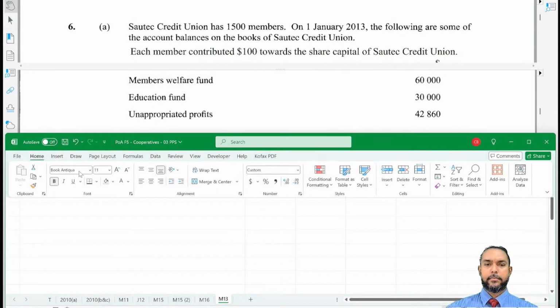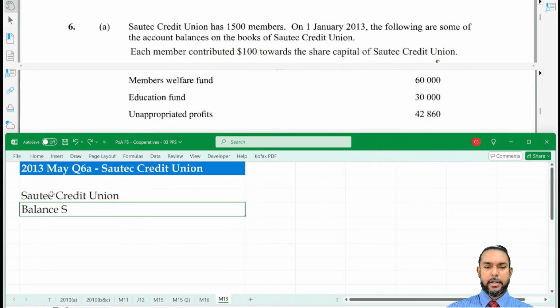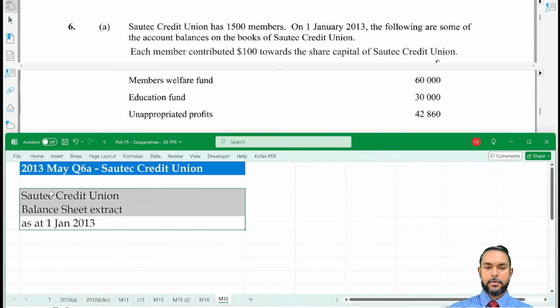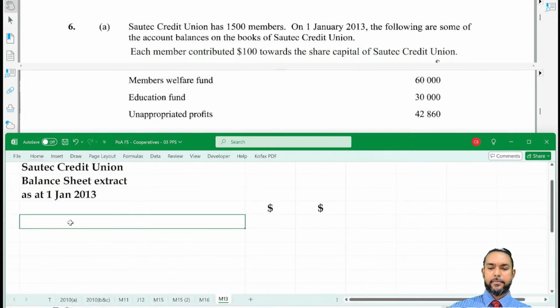Right, this one. Okay, so Soltec Credit Union balance sheet extract as at 1 Jan 2013. Okay, cool. Right, so it's financed by, sorry, share capital and reserves.